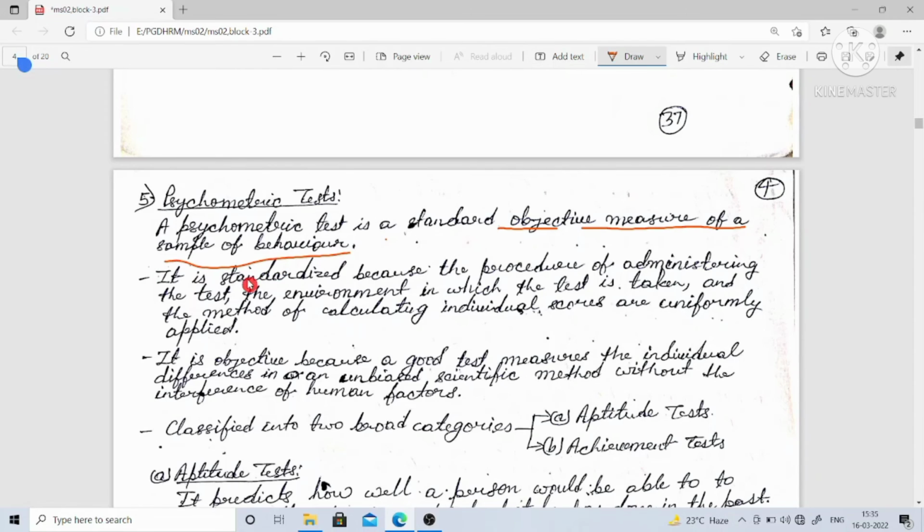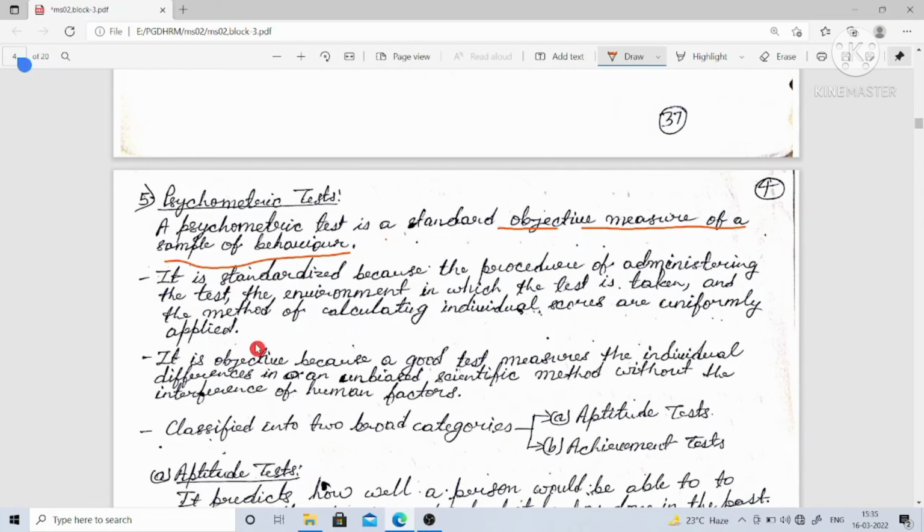It is standardized because the procedure of administering the test, the environment in which the test is taken, and the method of calculating individual scores are uniformly applied.